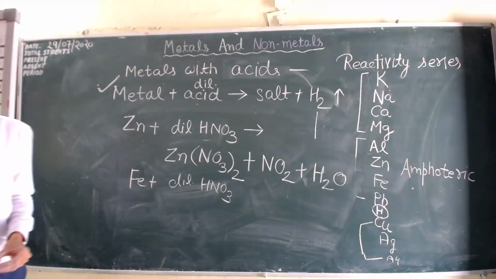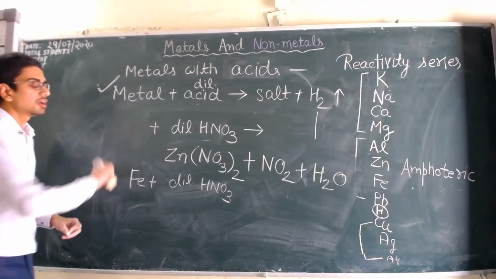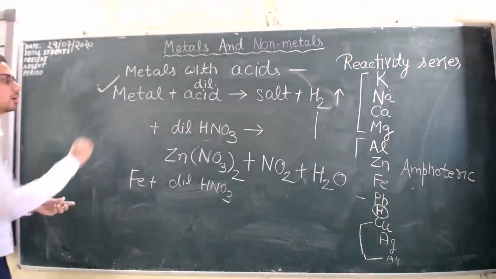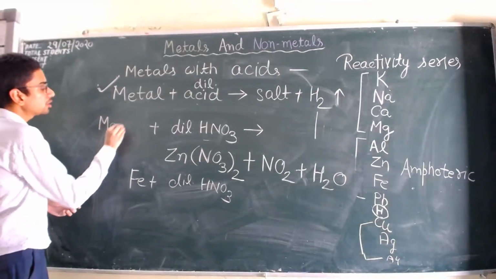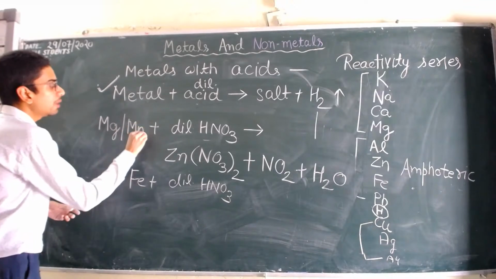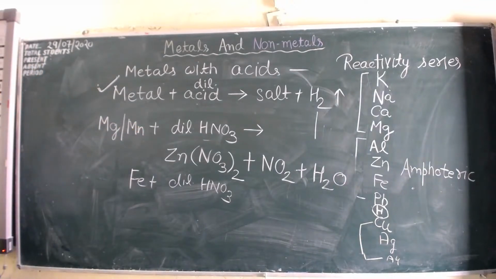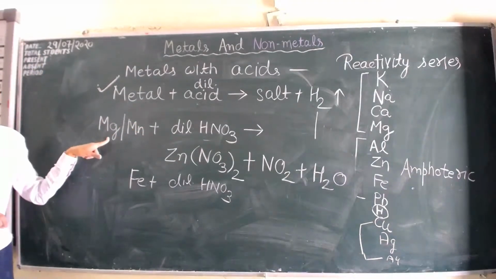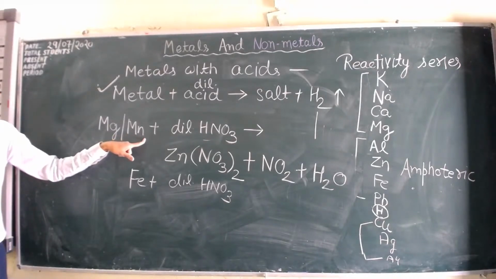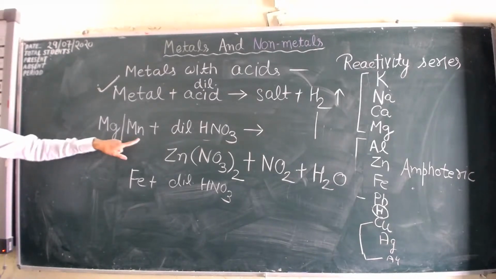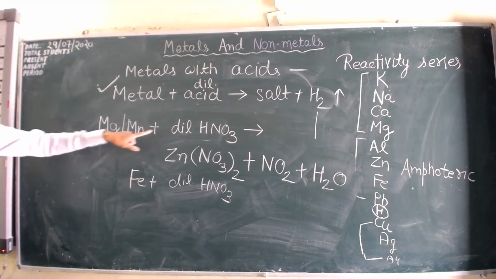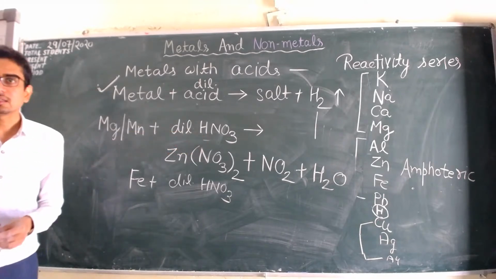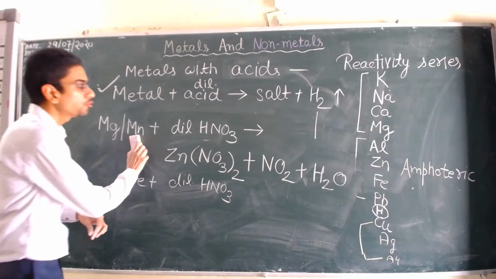So if we take magnesium, which is very reactive, or manganese. Manganese is also a metal. Magnesium is Mg and manganese is Mn. Both are highly reactive metals. When they react with very dilute nitric acid, hydrogen gas will be formed.